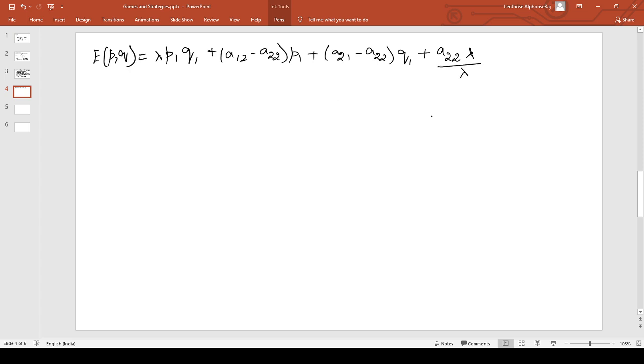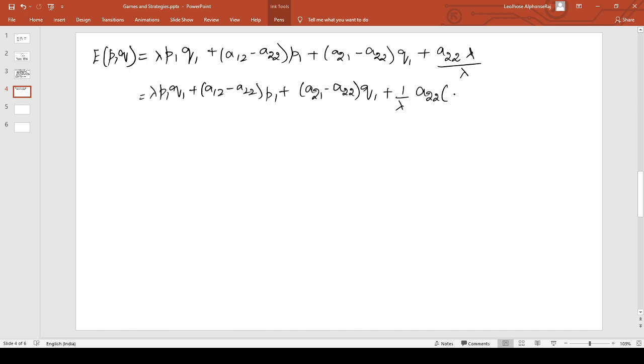After multiplying and dividing it by lambda, let me write down the expression for lambda and do the simplification part. Until then, we are going to keep the rest of the terms as such. We are not going to disturb any of these three terms, but we are going to do the simplification only for the last term.